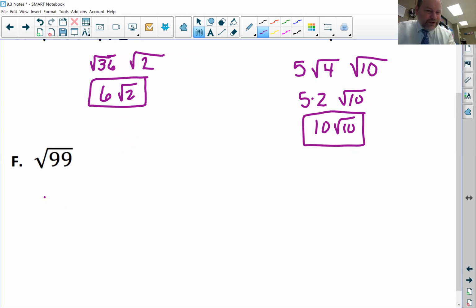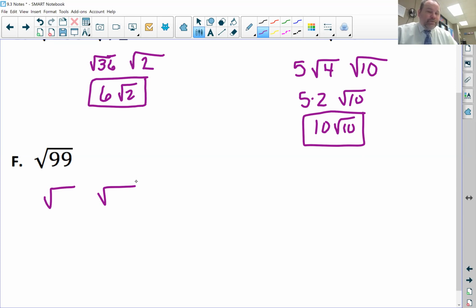Square root of 99. Excuse me. So 81 is the largest perfect square less than 99. 99 is not evenly divisible by 81. Then we would have 64. 99 is not evenly divisible by 64.